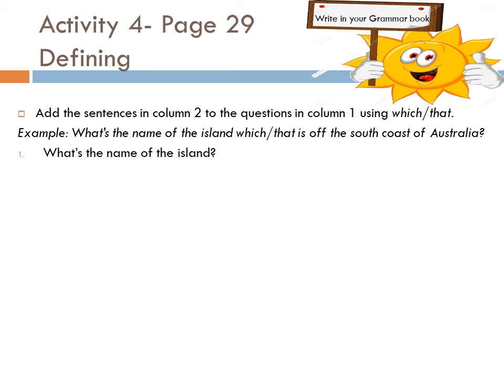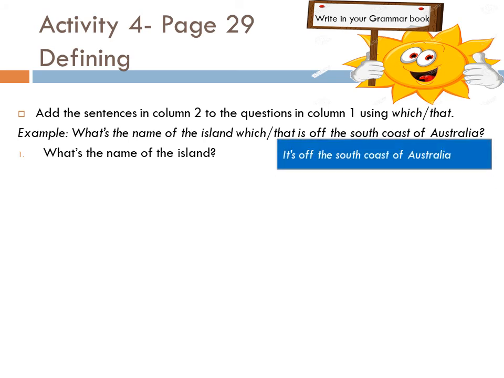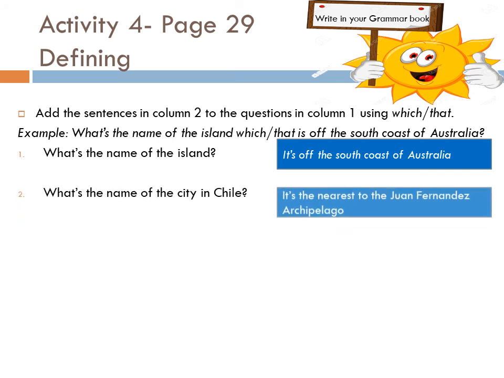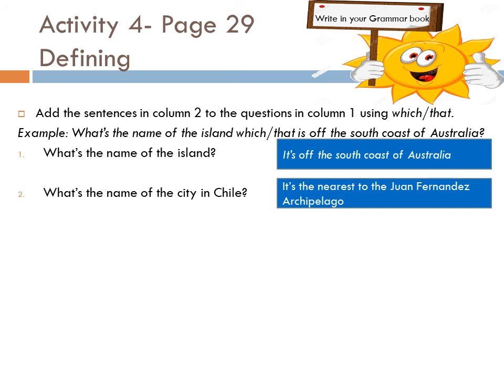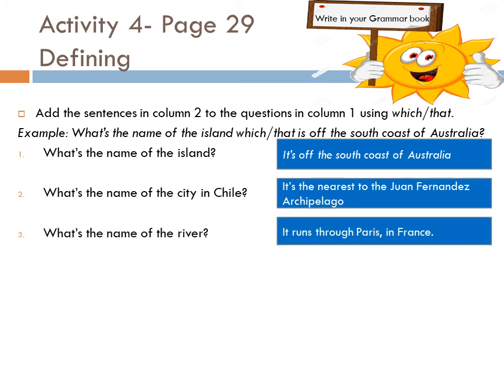What's the name of the island? It's off the south coast of Australia. Number 2. What's the name of the city in Chile? It's the nearest to the Juan Fernandez archipelago. Number 3. What's the name of the river? It runs through Paris in France.